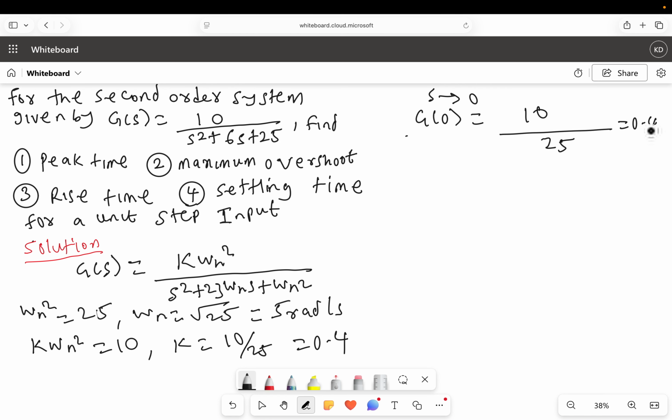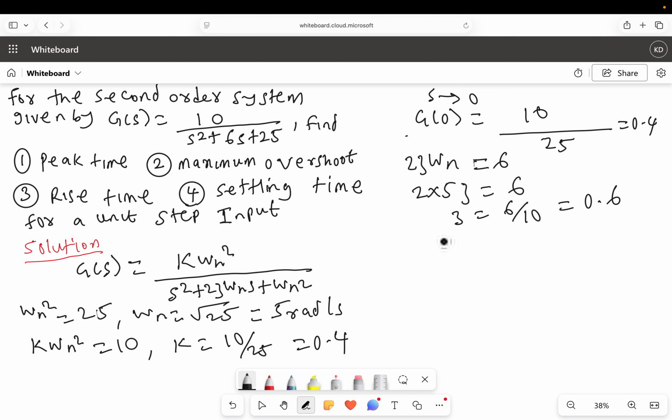And if we replace s with 0, we'll end up with 25 here, and we'll get the same thing, which is 0.4. So now, if we compare the second term, that is the coefficient of s, I will just have 2 zeta omega n is just 6. So I already know my omega n. So I have 2 times 5 times zeta is 6. So it means my zeta will just be 6 over 10, which is 0.6.